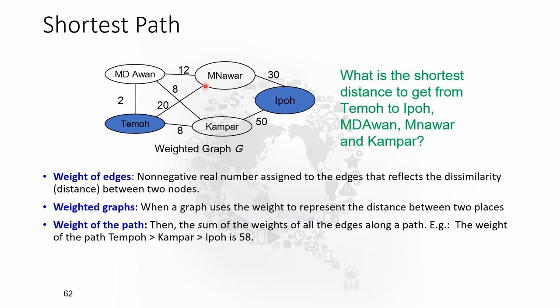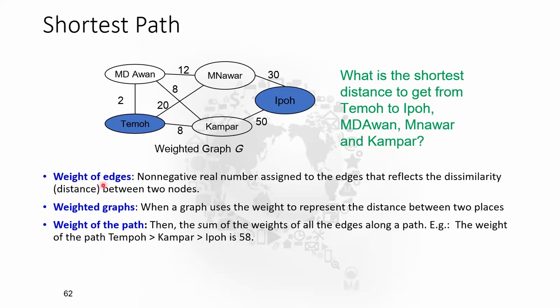Let's say I want to go from Thermo to M Nawar. I need 20 kilometers. But if I follow Thermo to MD Awam, then to M Nawar, I only need 14 kilometers, because 2 plus 12 gives 14. It's shorter than going straight from Thermo to M Nawar, so this will probably be the best route.